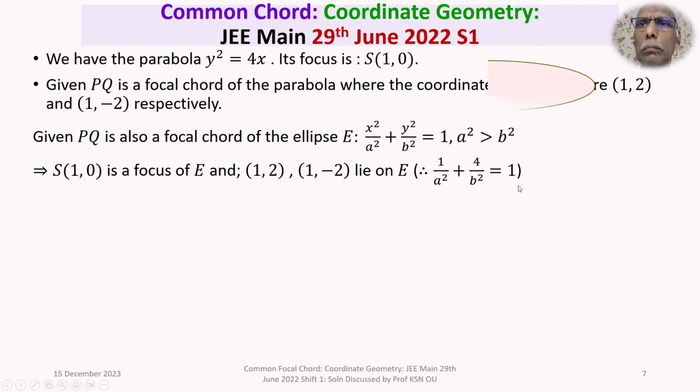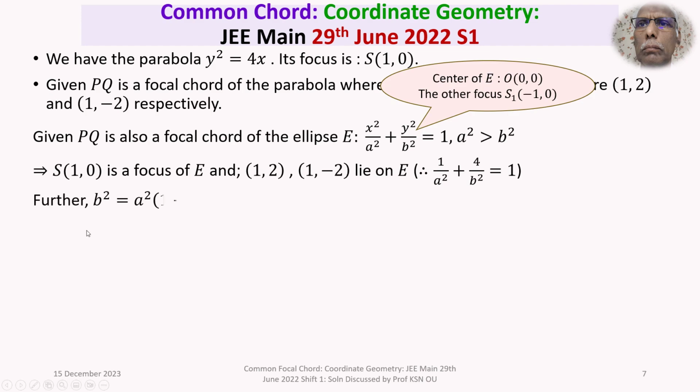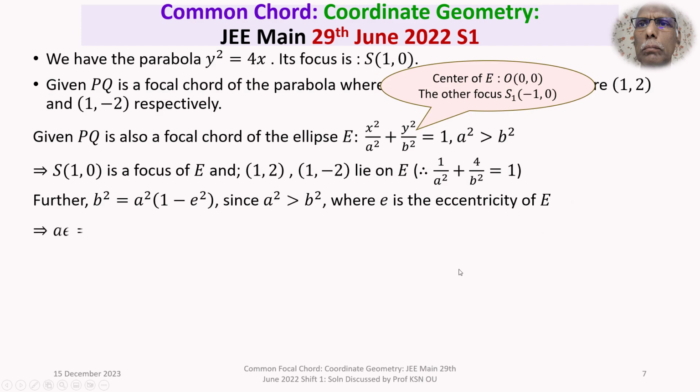Agreed. And by the by, the center of this ellipse is the origin, and one of the foci is (1, 0), therefore the other focus is (-1, 0). Then you can visualize roughly how this ellipse will be. Further, b square is equal to a square multiplied by 1 minus e square, because a square is greater than b square and e is the eccentricity of the ellipse.